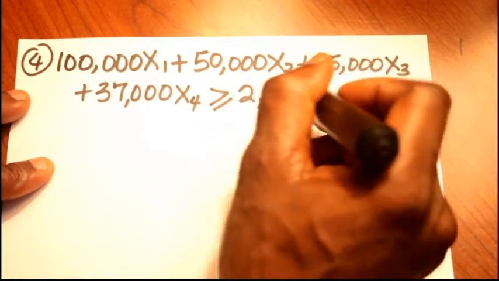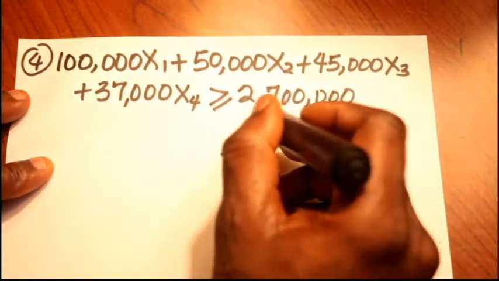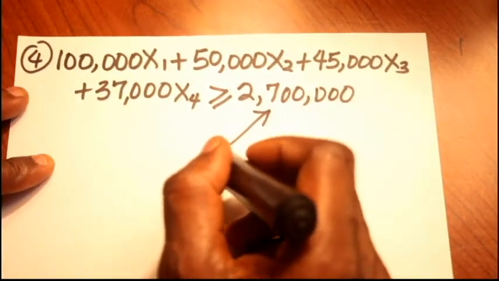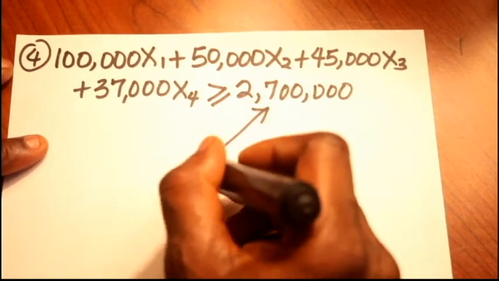So I write 2,700,000, and this signifies the projection for the audience size.